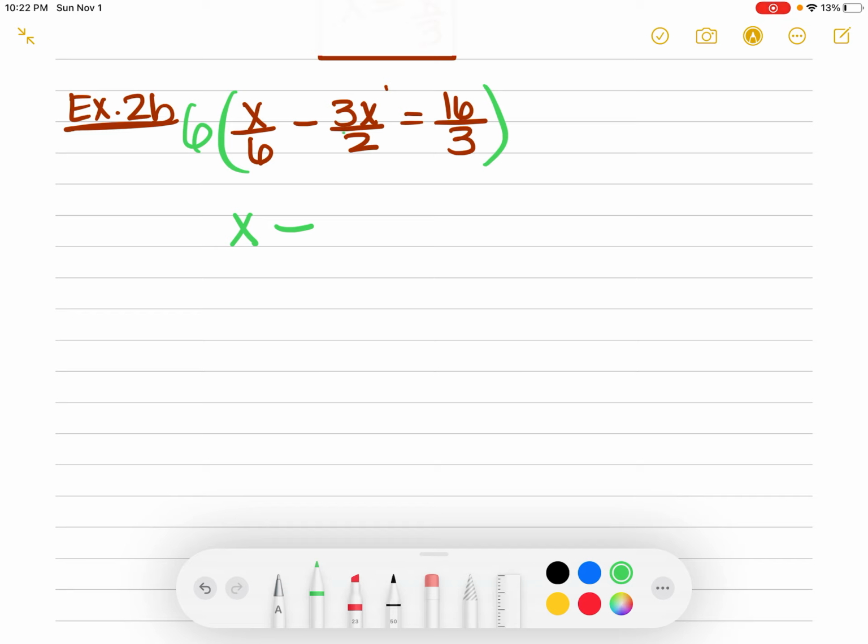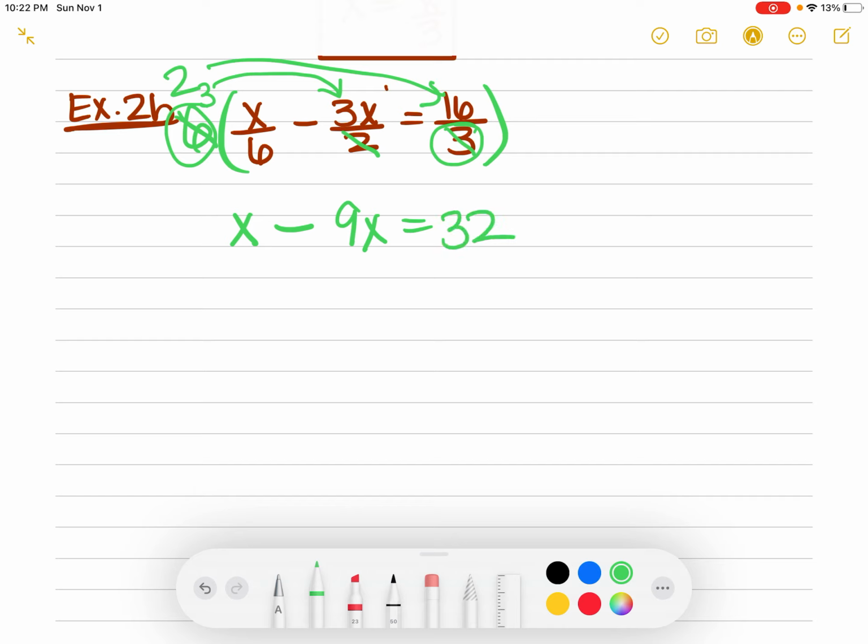Okay, the second one, my 2 and my 6 would reduce to be 3. So now I have 3 times 3x, which is 9x. Okay, and then on the other side, when I have my 6 and my 3, those reduce to make a 2. And now I have 2 times 16 is 32.